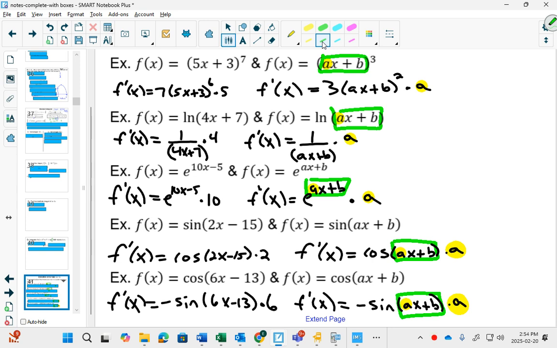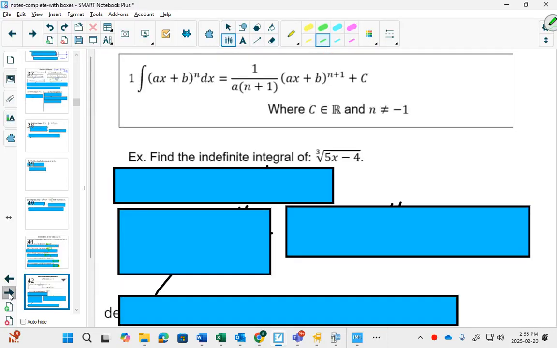So we can take this and say if we get something that looks like this with an integral, we just have to undo the chain rule, which would mean we'd have to divide by a. Everybody good here? So here's our power rule.